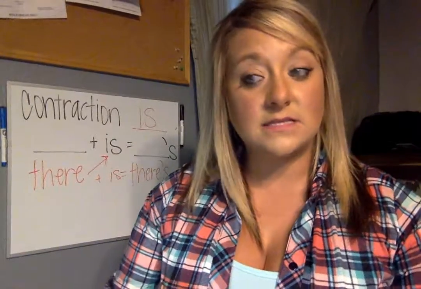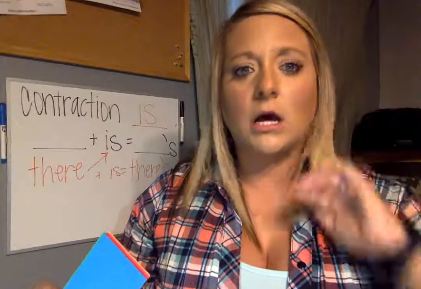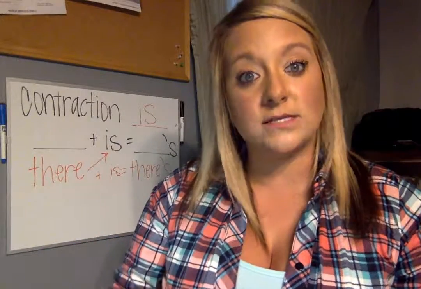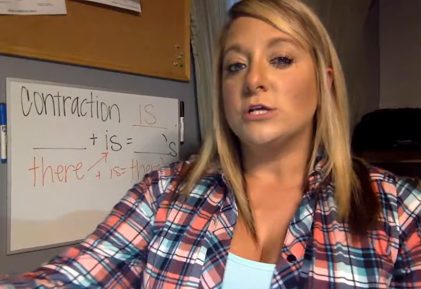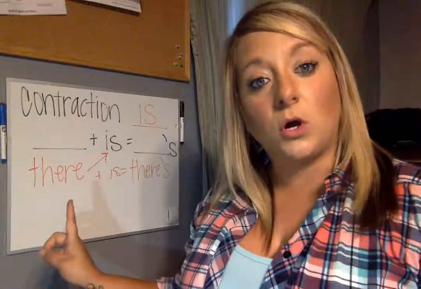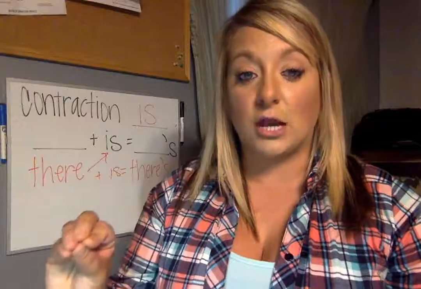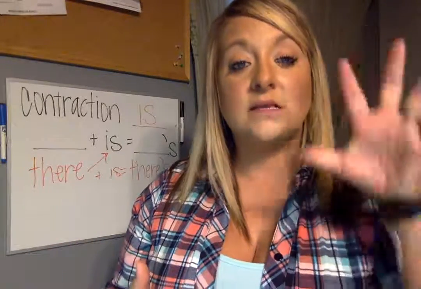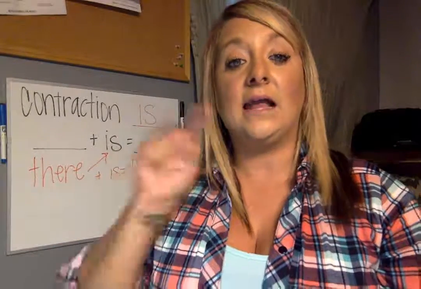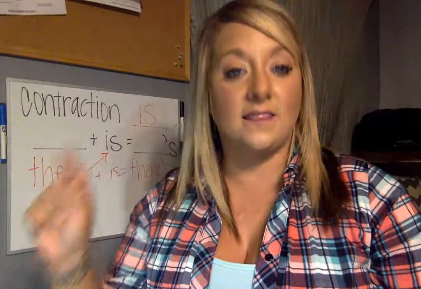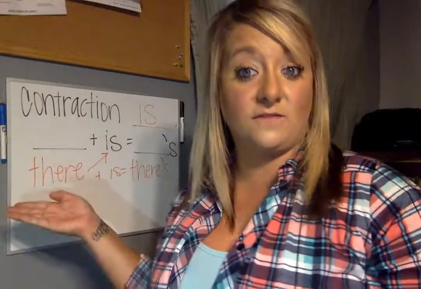So I also have some examples to show you, and we're going to try to figure out what is wrong in the words that I have written for you. So remember, in this example, I've showed you there plus is equals there's. All I had done was take away the I and add an apostrophe and the S at the end of the first word.